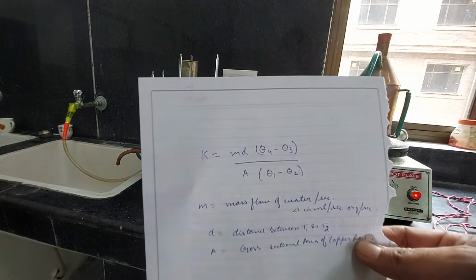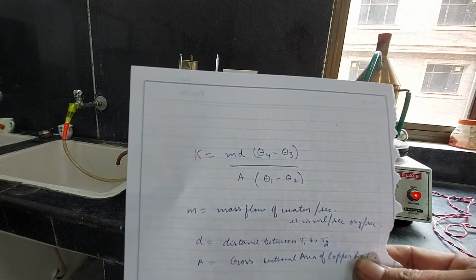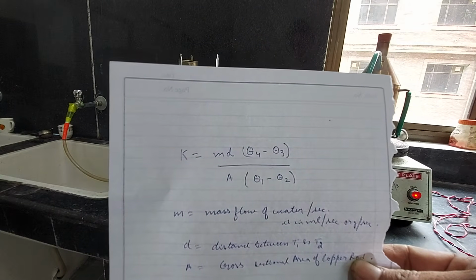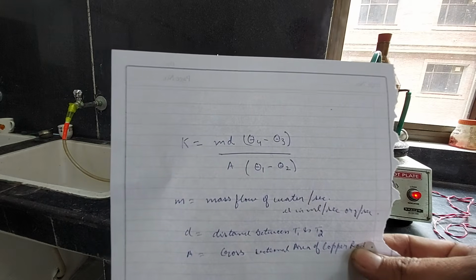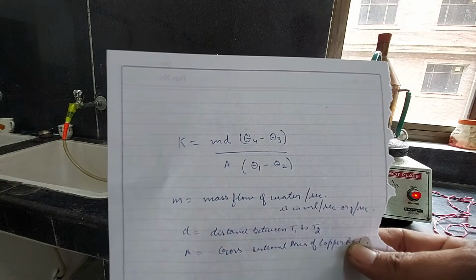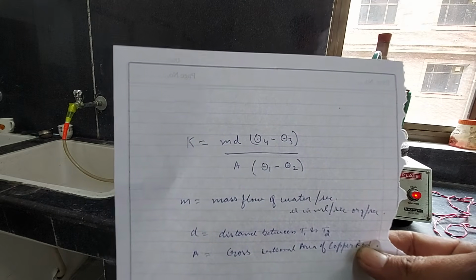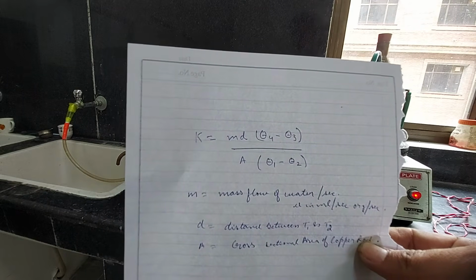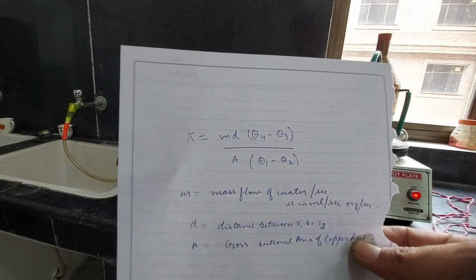This is the formula: K is equal to m d into (theta 4 minus theta 3) divided by A into (theta 1 minus theta 2). Here K is the coefficient of thermal conductivity of the good conductor, that is the copper rod for which we are measuring. M is the mass flow of water per second.